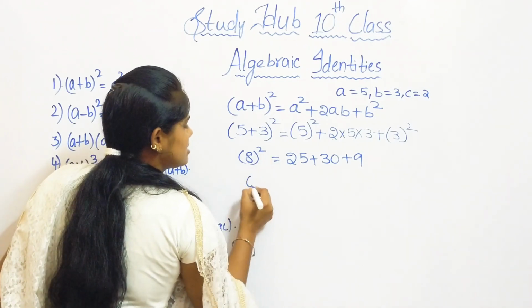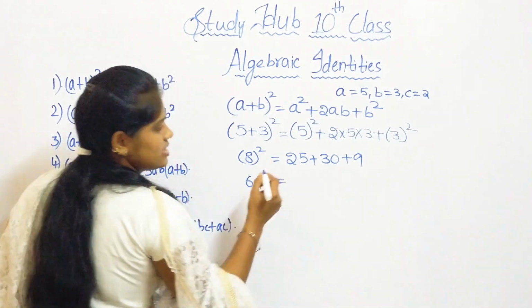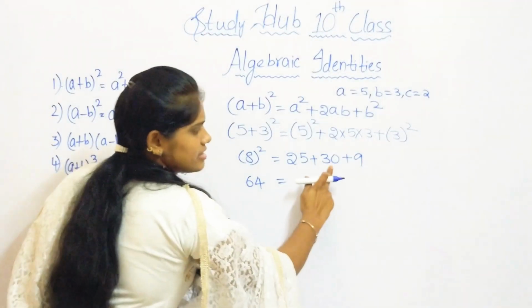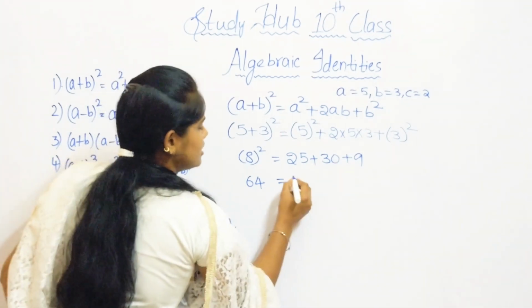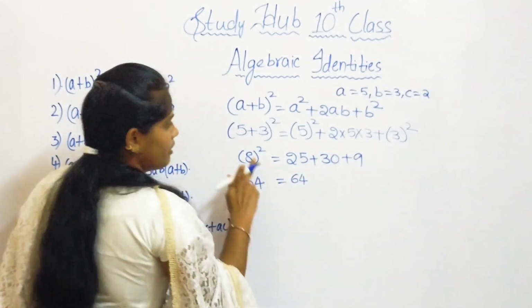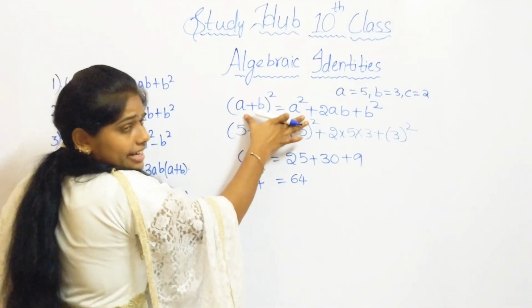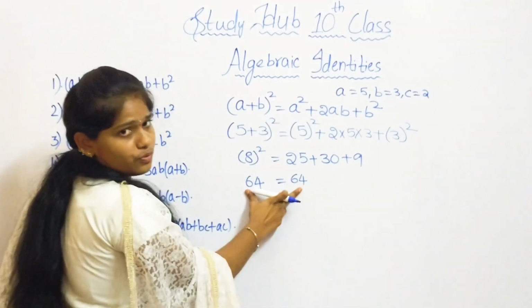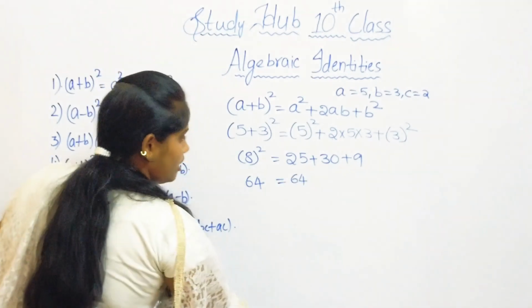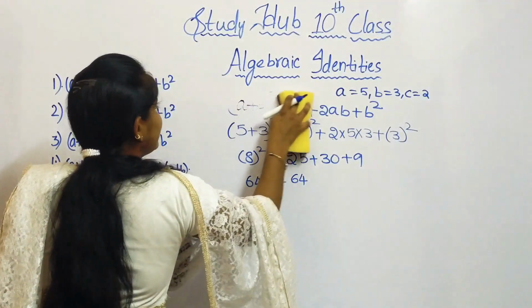Here 8 square is 64. 8 8s are 64. 25 plus 30 is 55 plus 9 is 64. See here, for any value 5 and 3, this identity is satisfied. We will go to the next identity.